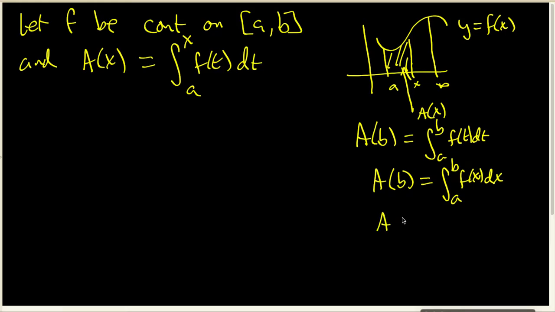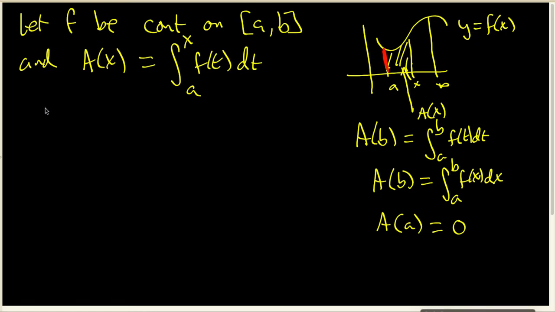Also, A of little a is just the area of a line segment, which is of course 0. These are things I want to keep in mind.